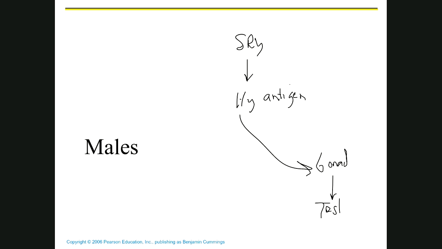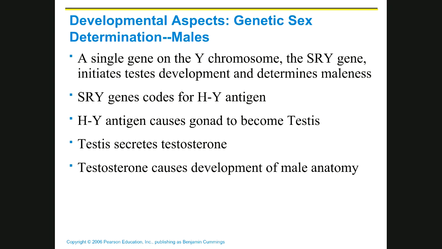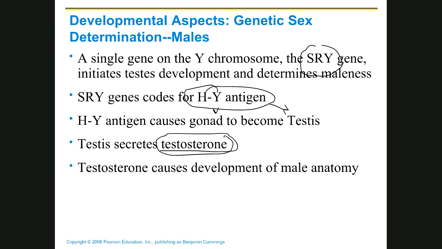So we're going to get a testis, and the testis is going to begin to produce testosterone. That's exactly what's going to happen. So here's our SRY gene. It turns on. We get this HY antigen. It's going to go to the testis or the gonad, make it become a testis, and then the testis is going to secrete testosterone. And it's this hormone, this testosterone, that's going to cause the anatomy to look like a male.